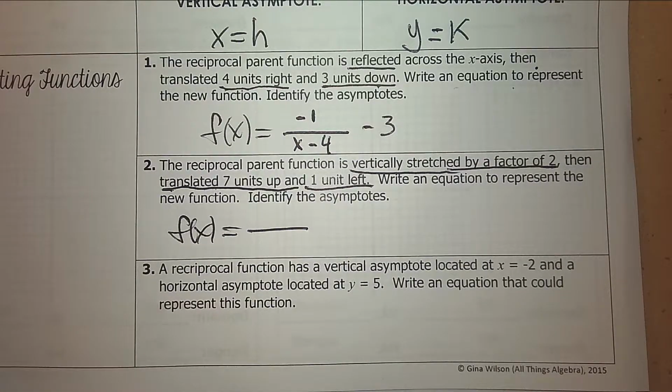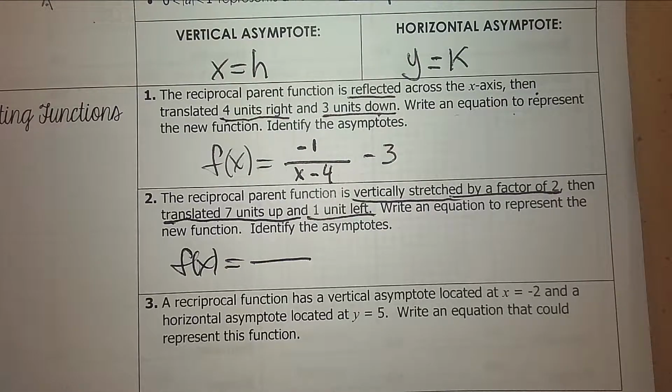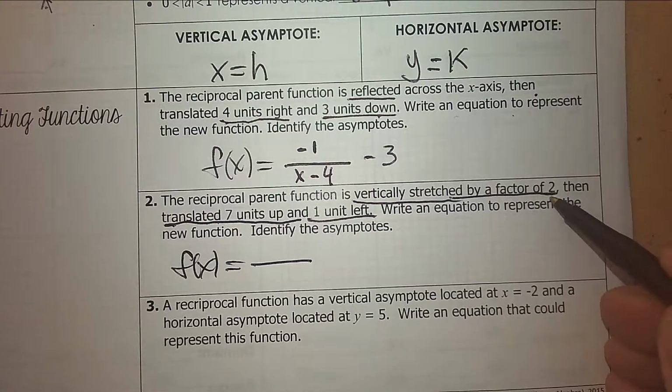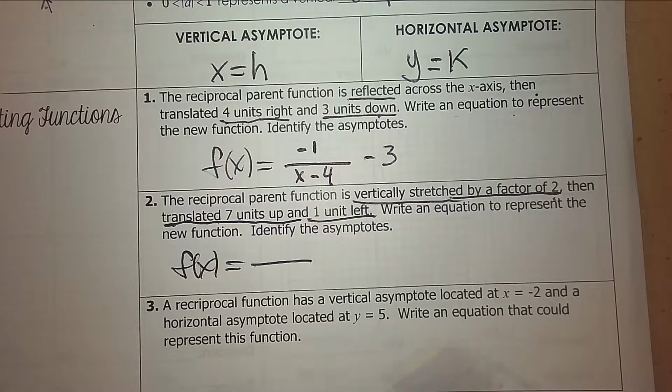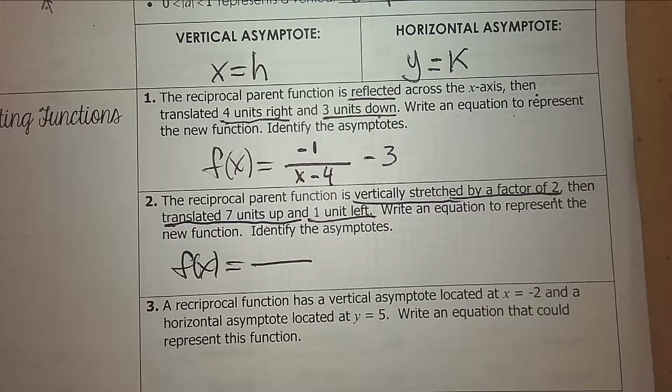If you need to wait for me, you can. But if you are getting a sense of the information given that you could write it down, then do it. It's been vertically stretched by a factor of 2. It's been shifted 7 units up and 1 unit to the left.